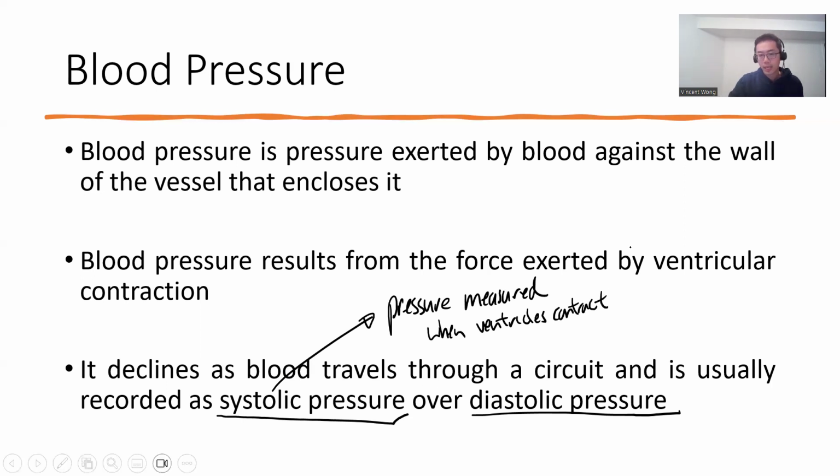And that is the higher number, okay? That is the higher number. And the diastolic pressure is when the ventricles relax, and that would be the lower number. And we measure blood pressure in the arm, right? Typically, it's also possible to measure it in the leg in some cases, but typically they do it in the arm.